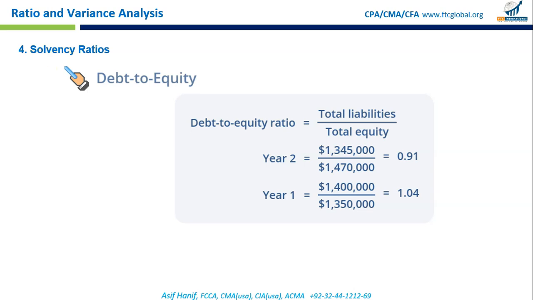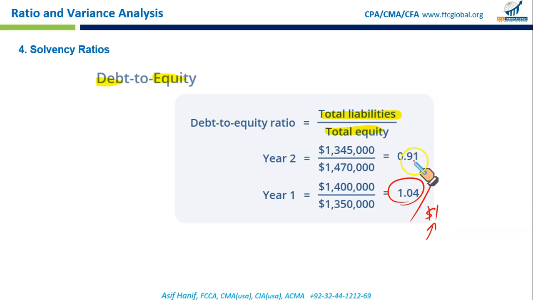So there are some formulas. First is debt to equity. You take total debt in the numerator and total equity in the denominator, and you do it for both years. Let us try to interpret what it means. Last year, for every $1 invested by the shareholders, the business had total liabilities of 1.04, which means the debt was more than equity last year.